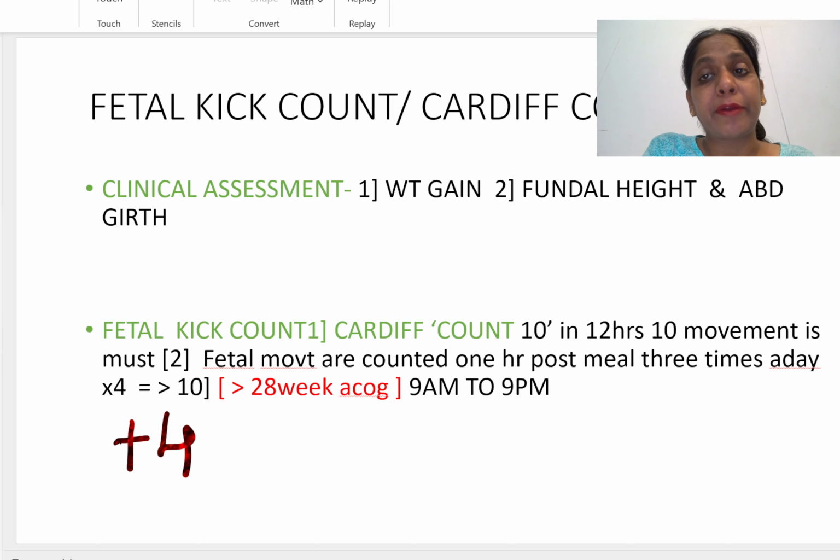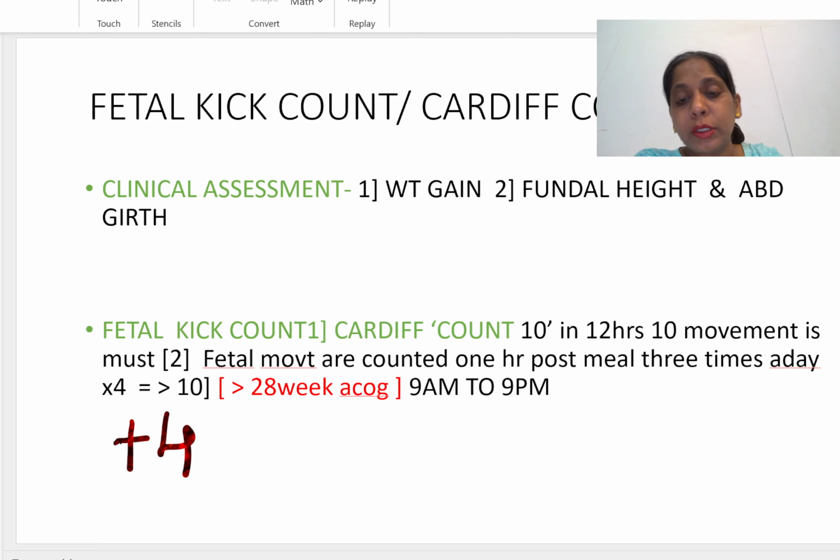For example, after breakfast it was 4, post-lunch hour it was 2, and after dinner it was 6. So 4 plus 2 is 6, plus 6 is 12, and adding the post-meal hour kicks, the count should be more than 10. Or one has to be cautious for the 12 hours, and the count should be more than 10.